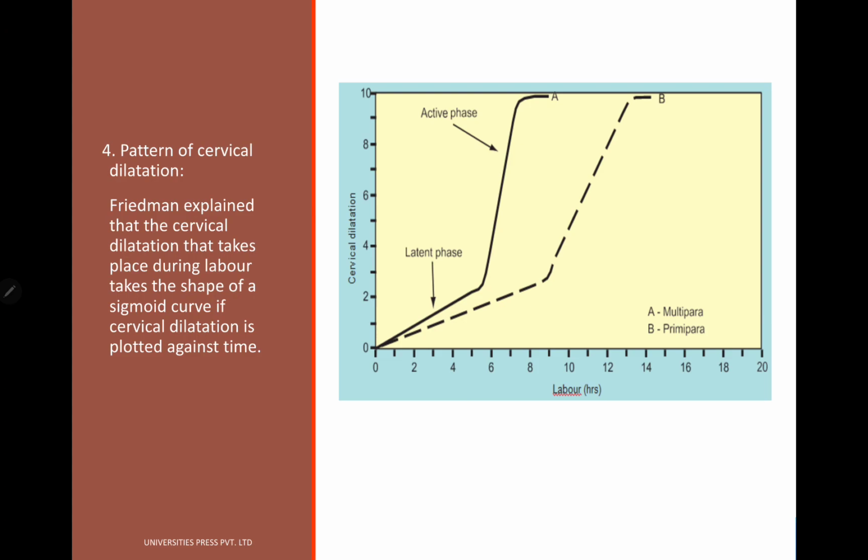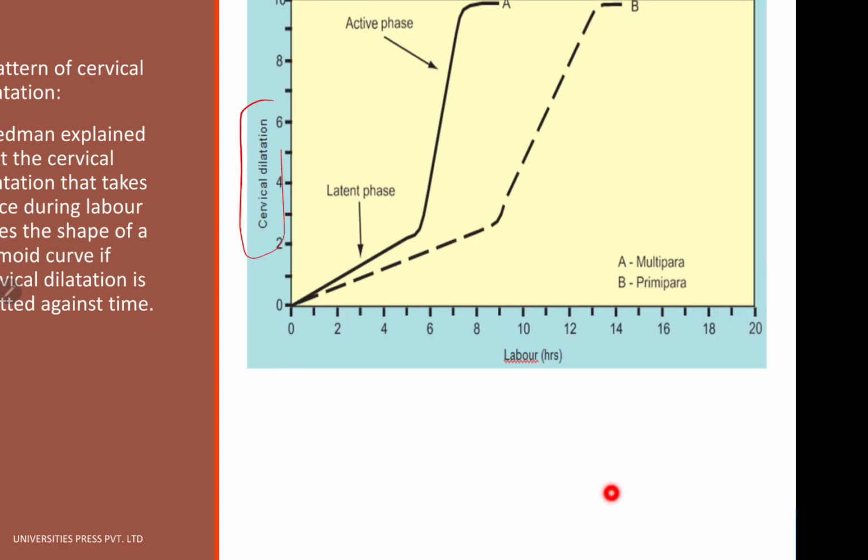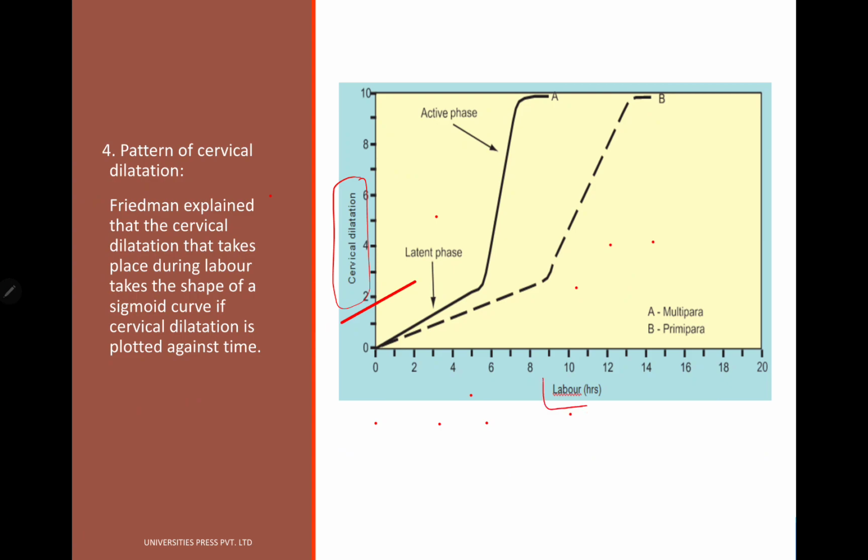So coming to the pattern of cervical dilatation. This is labor in hours and cervical dilatation in centimeters. During the latent phase it goes like this, and in the active phase the cervical dilatation in labor is rapid.